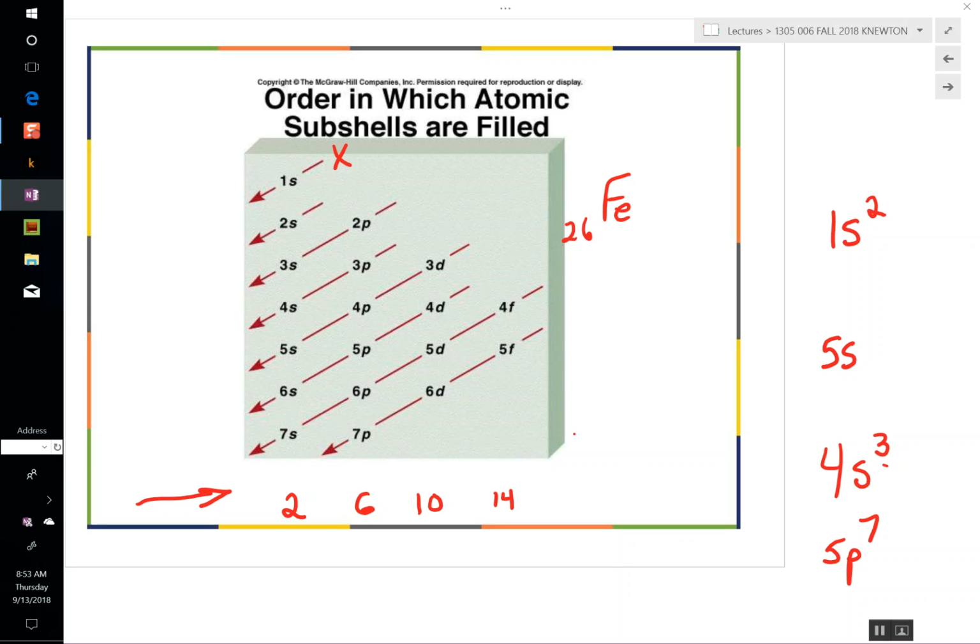Those are its 2 valence electrons. And it's going to be this. It still has 12 protons in the nucleus, but now it only has 10 electrons around it. And notice it ends up with a +2 charge. And it is the magnesium ion.